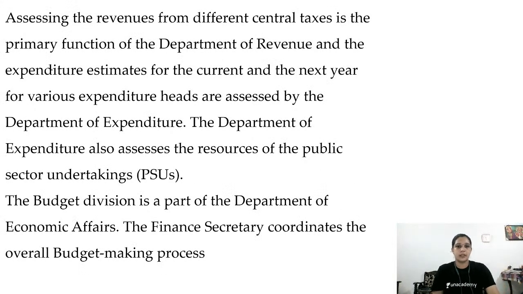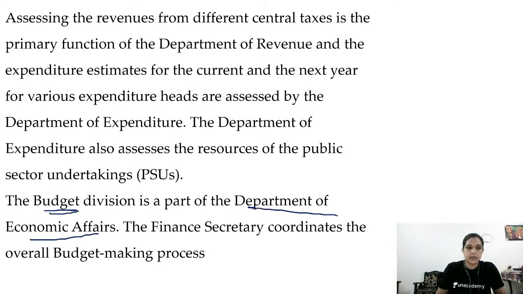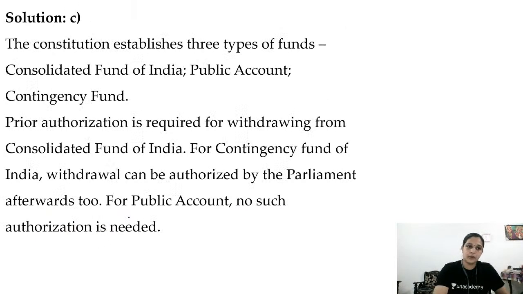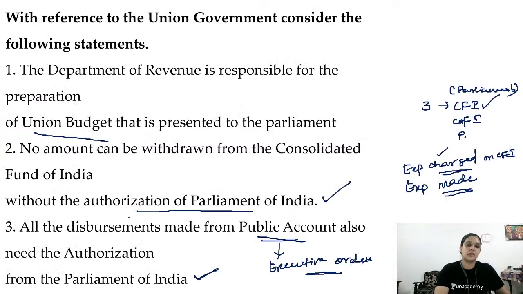The Department of Expenditure takes care of expenditure, and the Department of Revenue takes care of revenue. The Department of Economic Affairs is the budget division, and the budget is finally given by it. The Finance Secretary only coordinates the overall budget making process. Clear? So I know very well that the third statement is wrong. Keep this in mind.